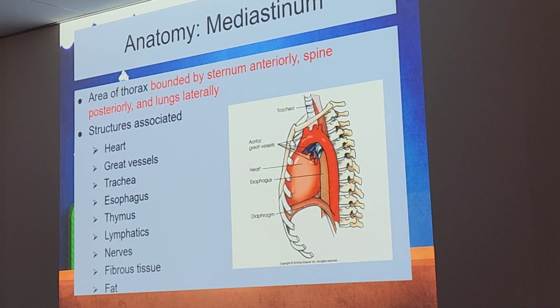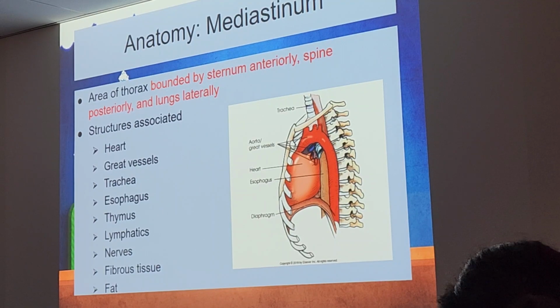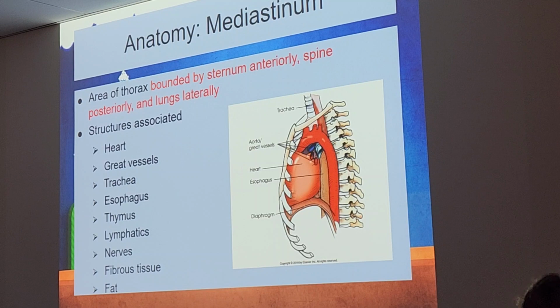Alright, now we're gonna go further down, in the middle of the lungs, we have the mediastinum. And this area has the sternum right in front of it. We have the spine behind it, and we have the lungs on both sides of it. So it's the area right in the middle of the lungs. It has important structures such as the heart, the vessels that originate in the heart.